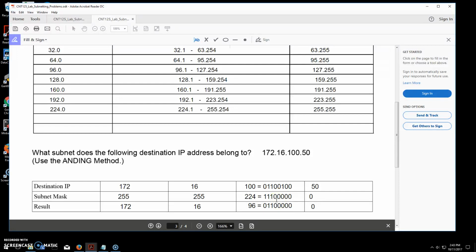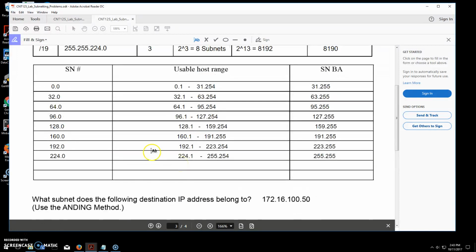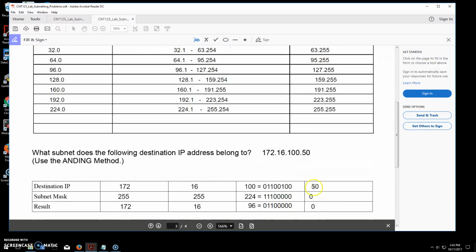The other thing they like to ask you is, is this a usable IP? 172.16.150, and they'll throw a /19 behind it. Is that a usable IP? Well, what I could do is take a look at this right here, the /19, 224, 11100000, and look at this right here and go, this is a combination of ones and zeros in the host portion.